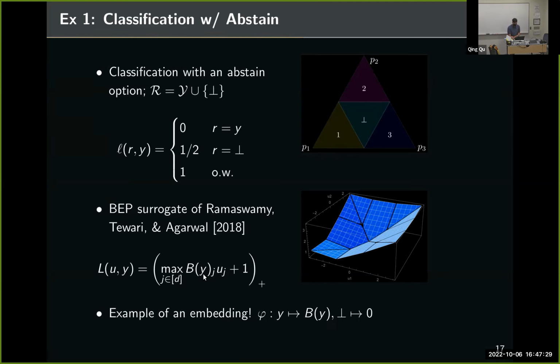B here is just a way to encode the label into a binary -1, 1 vector. And the embedding is exactly those encodings. And you map the abstain to 0. This is only 3, whereas this is depicted with 4, but 1 would go here, 2 would go here, 3 would go here, something like that. And then the abstain would go into the origin.